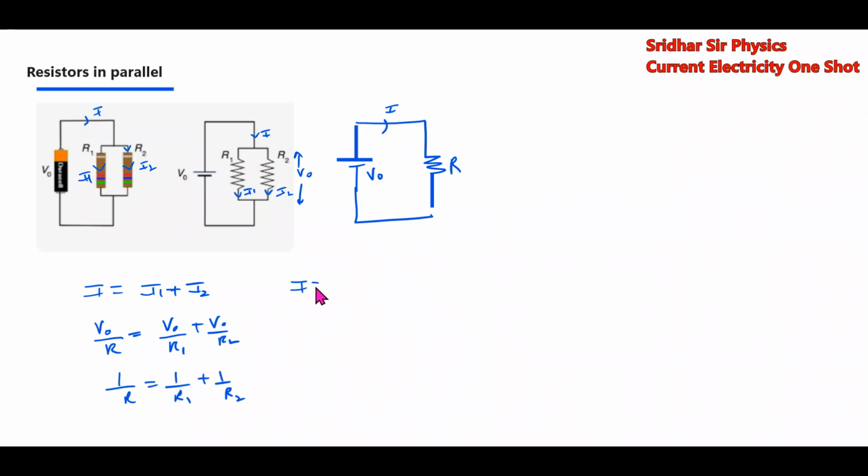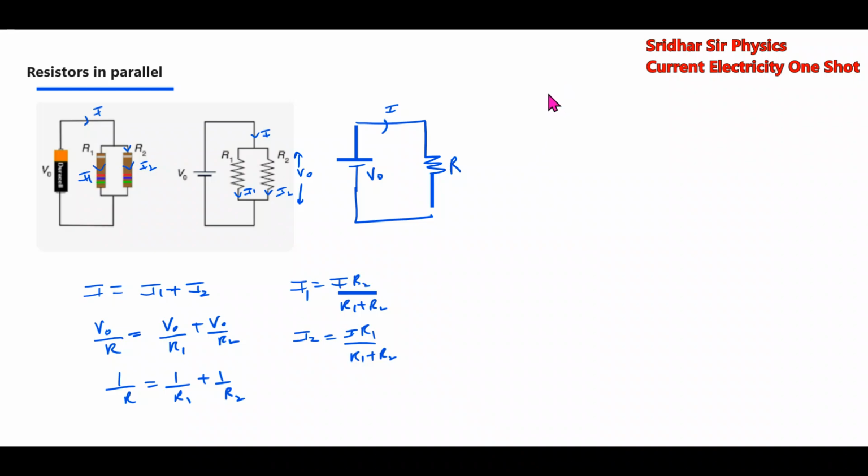Then the current I1 is equal to I R2 by R1 plus R2. This is the current divider formula. Current in the first branch equals the main branch current times the resistance of the other branch, divided by the sum of the resistances. Similarly, current I2 is equal to I R1 by R1 plus R2.